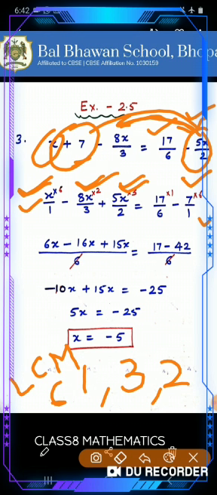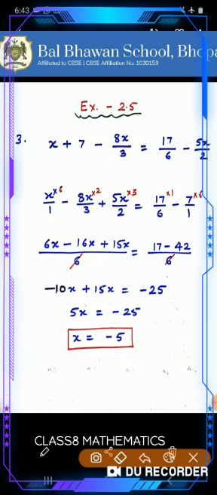This is a very basic concept, right? Now this LCM will be divided by the denominator 1. So 6 divided by 1 gives 6. That will be multiplied with the numerator, which is x over here. So x into 6 gives 6x, right?